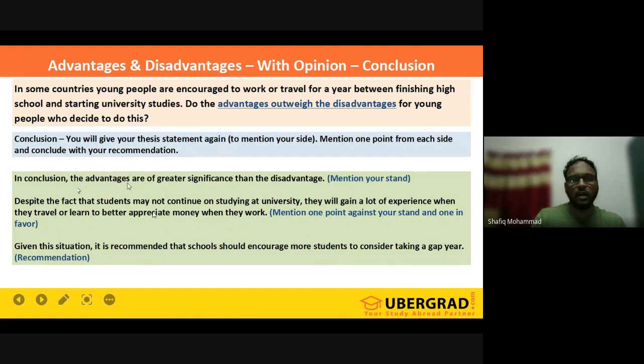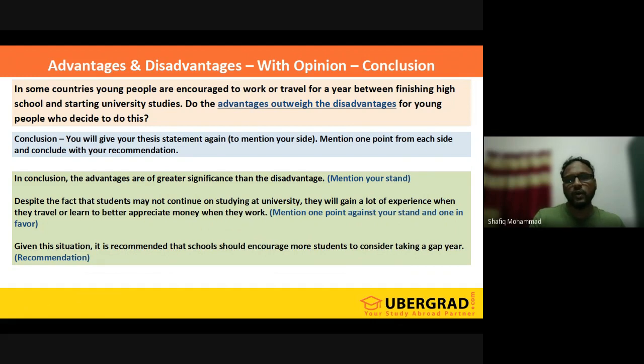In conclusion, the advantages are of greater significance than the disadvantages. So whichever stand you have taken, you're going to talk about it. Despite the fact that students may not continue studying at university, they will gain a lot of experience when they travel, or learn to better appreciate money when they work.